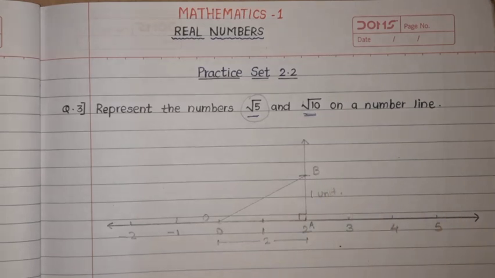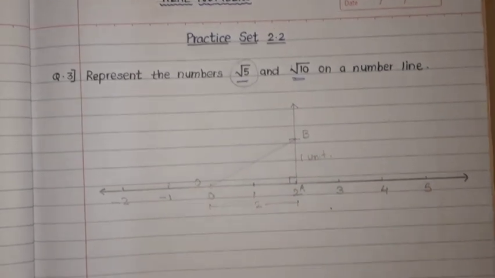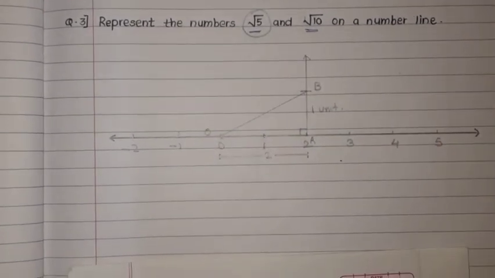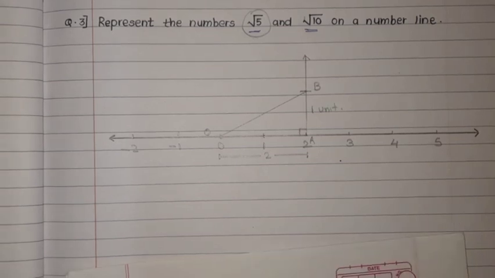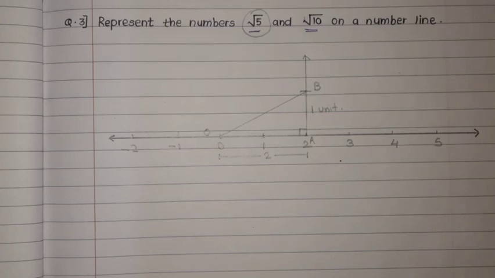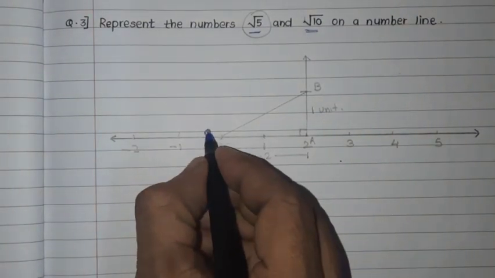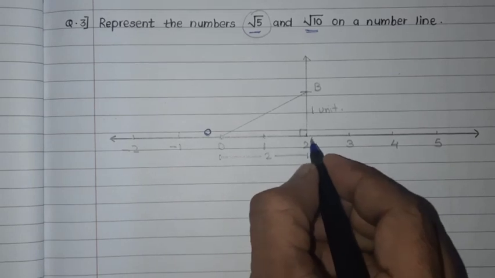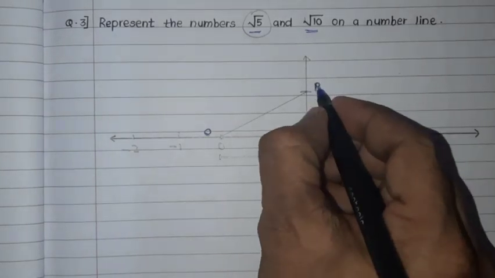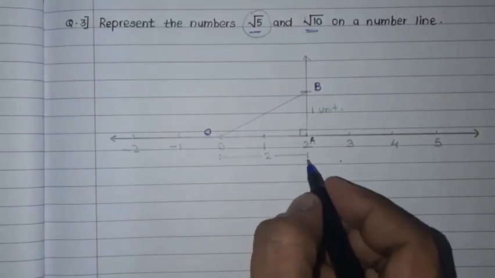Let's find out how much it is. For that purpose we have to use the Pythagoras theorem. Therefore we have to write here, see, first of all, this is O, this is A, and this is B. This is a right angle triangle.